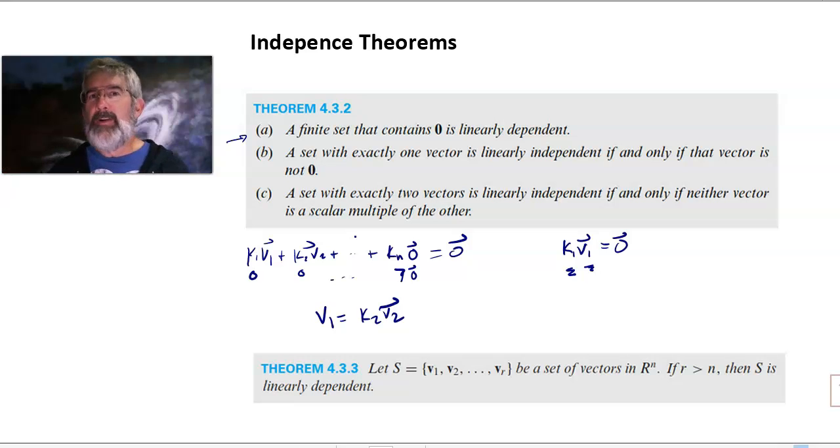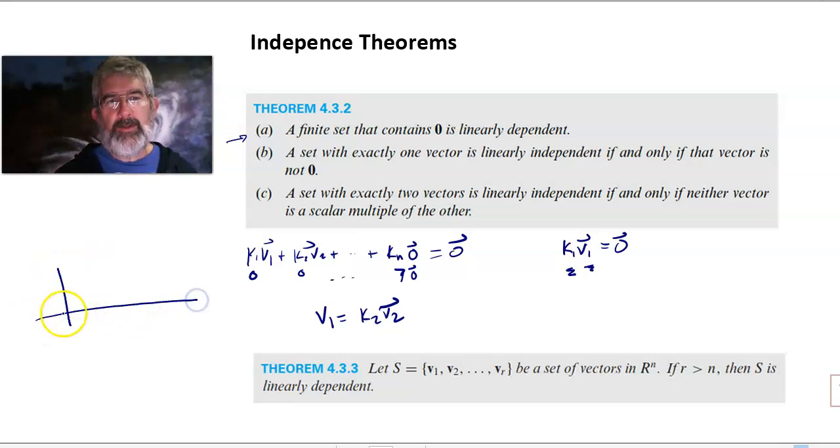Right? But graphically, what does it mean? Could you recognize, if you looked at the graphs of the functions, when one is just a scalar multiple of the other? Well, yes, I think you can, because of multiplying a function by a constant. If v2 is just some function and you multiply it by some scalar k2, whatever graph you had before, multiplying by a constant out here in front scales the thing in the y direction, right?